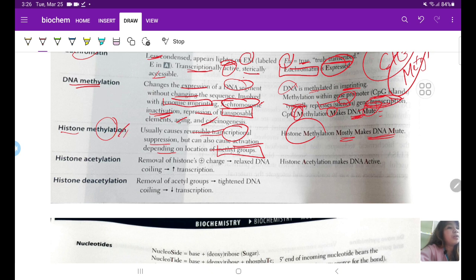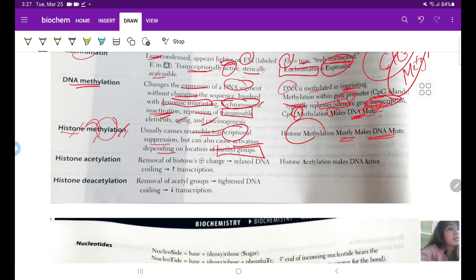So, when it includes methylation, it involves the silencing of the DNA, right? But here it has histone. So, histone methylation.